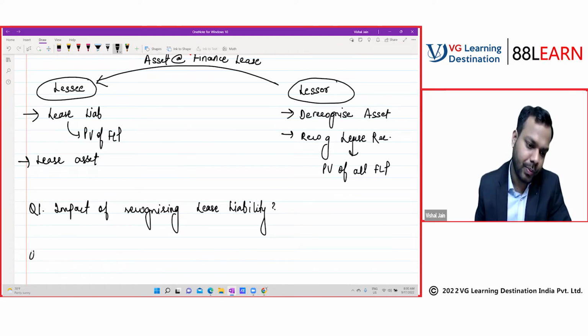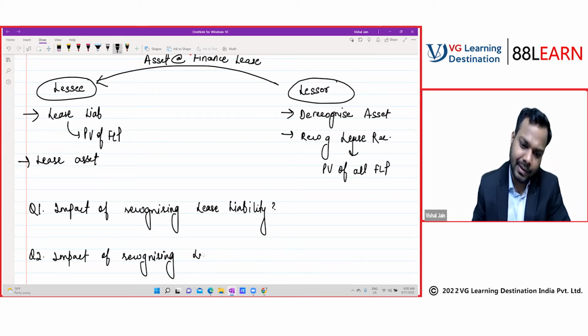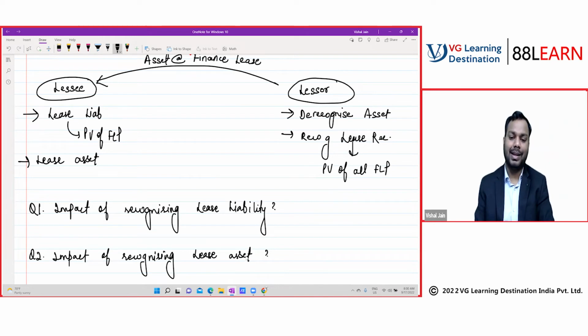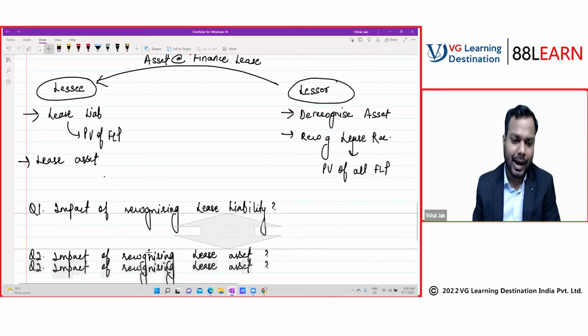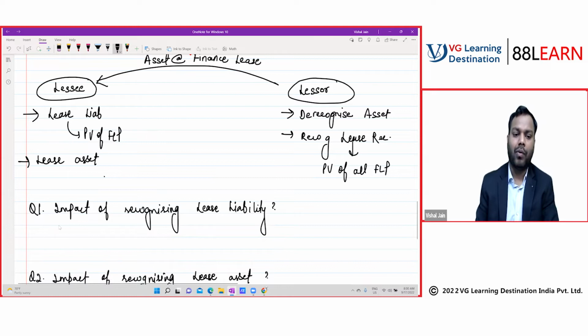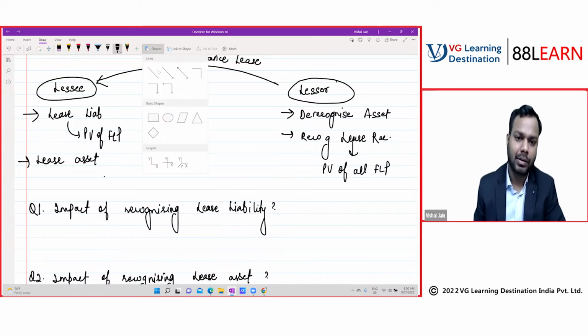My question number 2 is, what is the impact of recognizing lease asset? Try to think on these lines. If you are able to think it, fine. If not, then definitely I'll help you with that. But at least try to think on these lines. Tell me, what is the impact of recognizing lease liability?